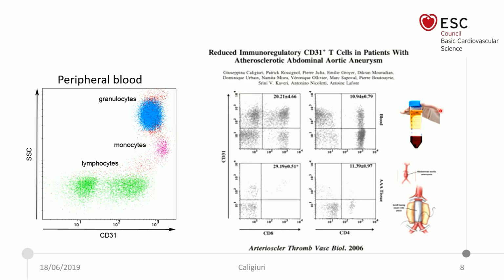You can see that in the blood already, most of the cells that appear CD31 negative are of the CD4 phenotype, and much less CD8. And in the tissue, it is exclusively CD4. So T helper cells that infiltrate atherosclerotic, atherothrombotic tissue have lost their CD31.